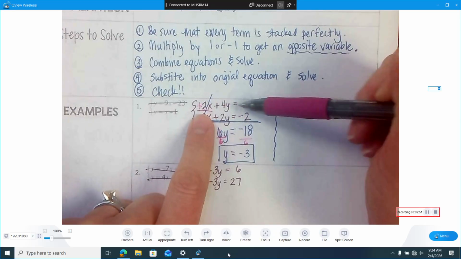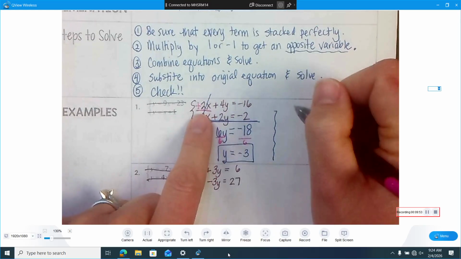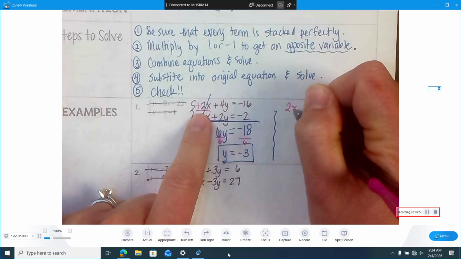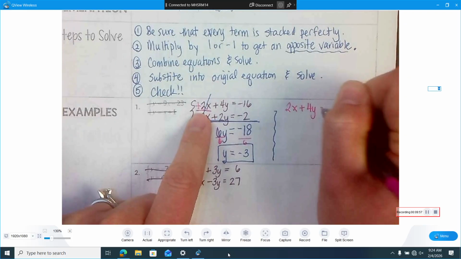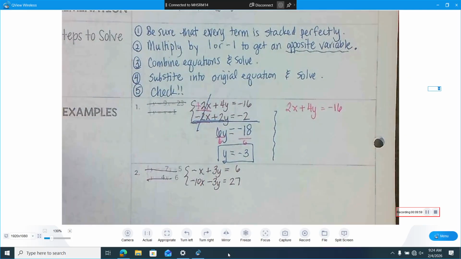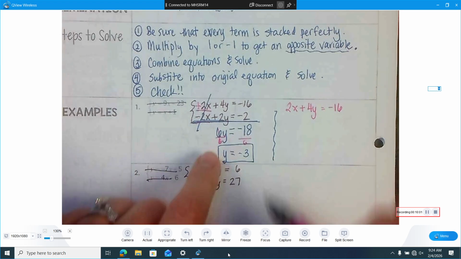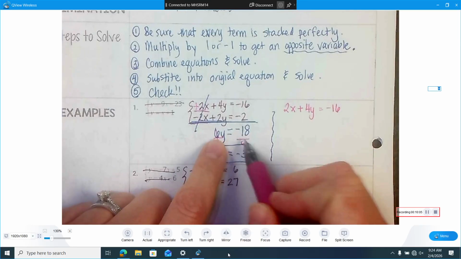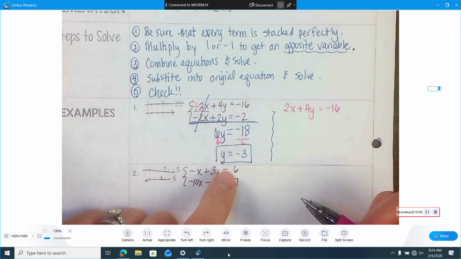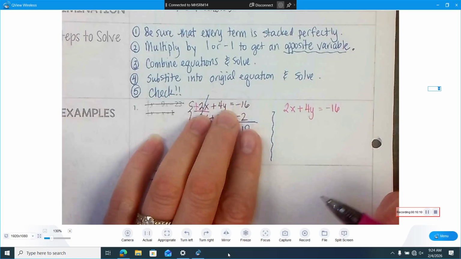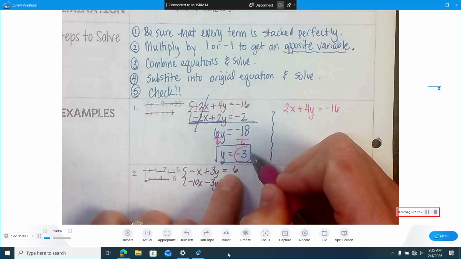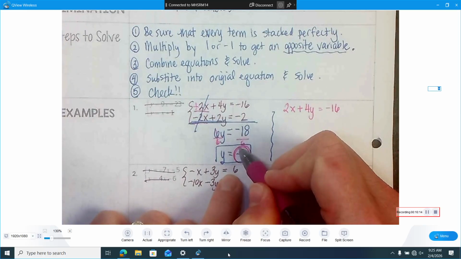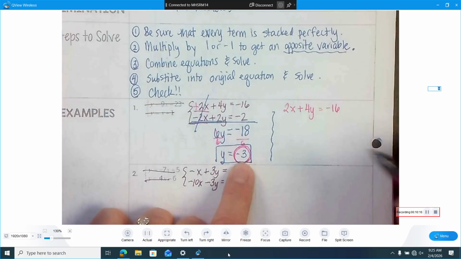Positives. Yeah, all right. So I'm going to take my top equation, 2x plus 4y equals negative 16. You'll notice I'm plugging it into an original equation. Can I plug it here into 6y equals negative 18? No, I can't plug it into that. That's not going to help me. Okay, so we got to go back to the original. And now I'm going to take my y value of negative 3, and where do I plug it in?